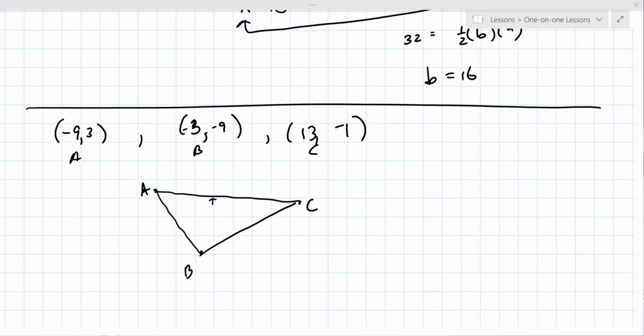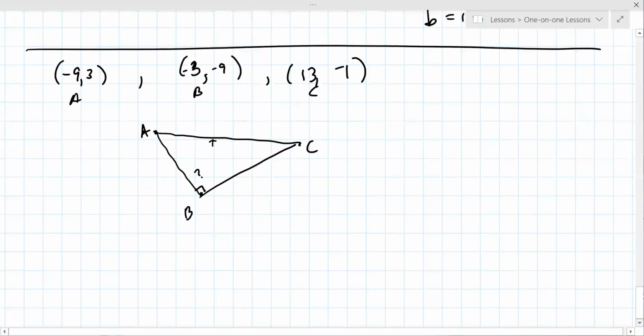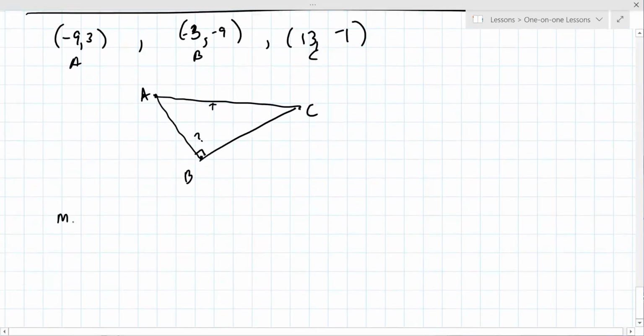Probably B. Agreed. So we think maybe this is a right angle, but we don't know. There is a way to find out. It requires you to find the slope of AB and the slope of BC. So I'd like you to find the slope between A and B and the slope between B and C.